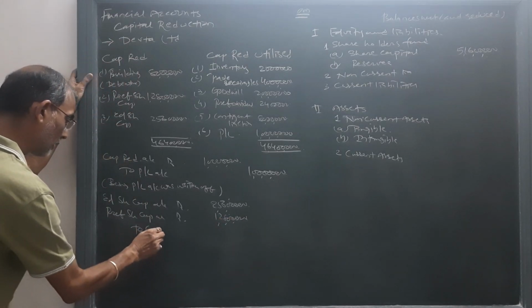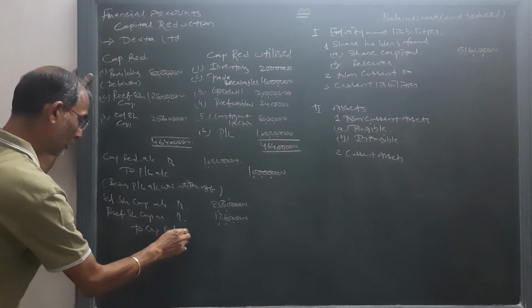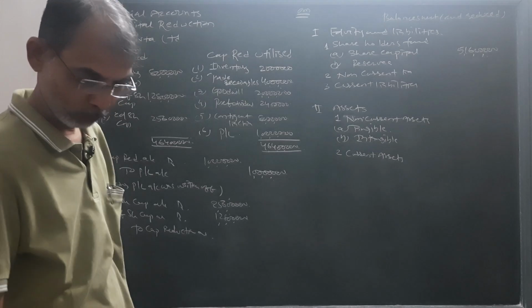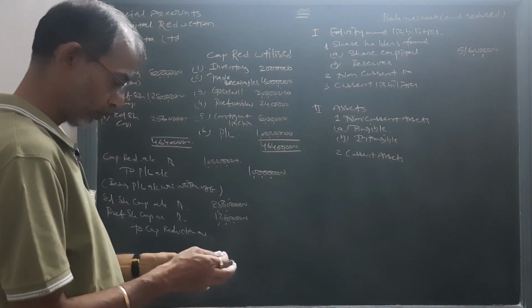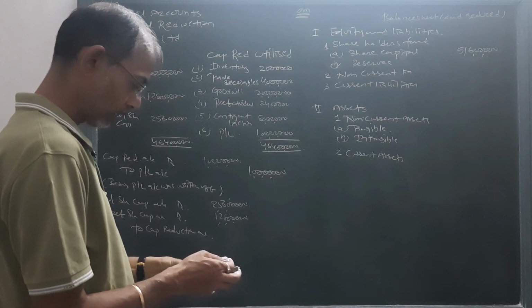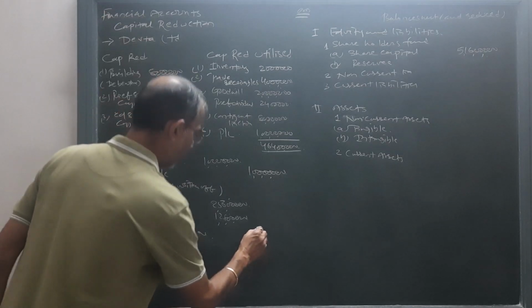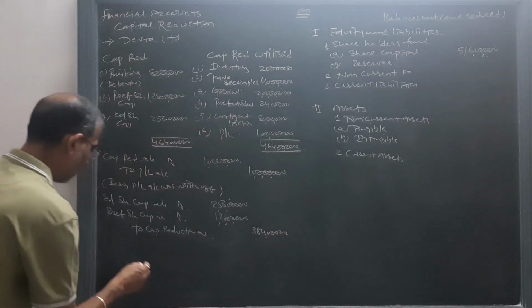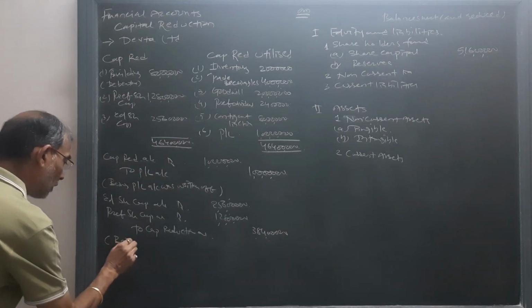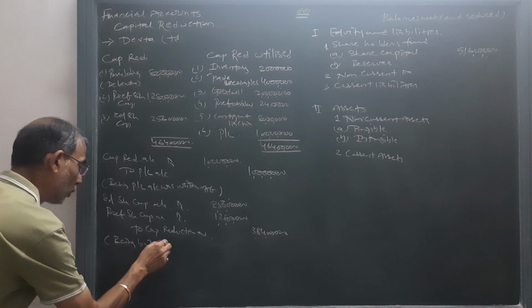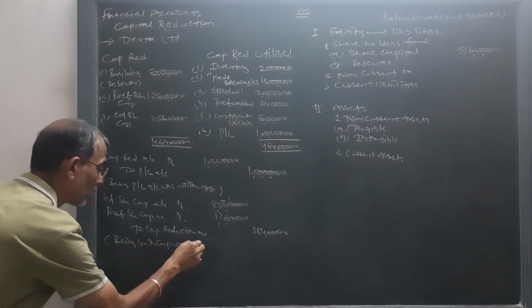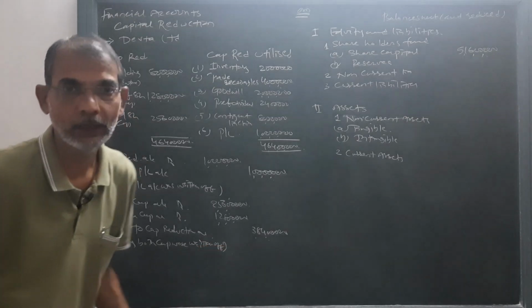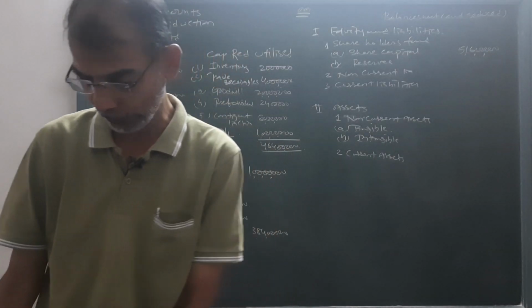To capital reduction account, that was 256 plus 128, 3 crore 84 lakh. Being both capitals were written off.